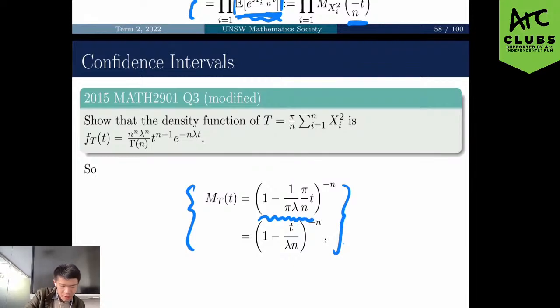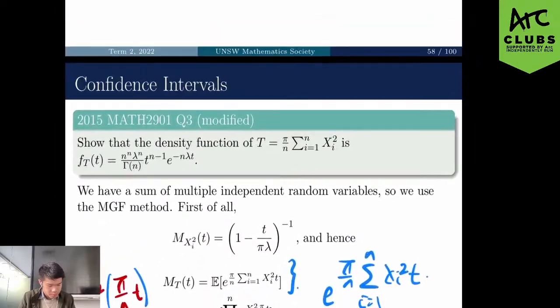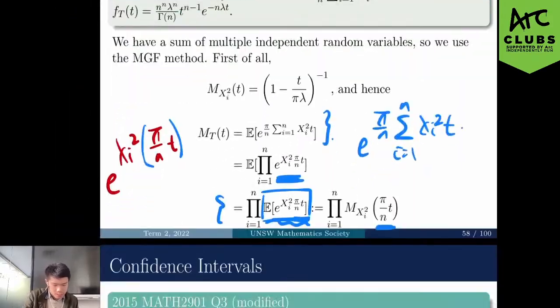So remember, M_X of t was equal to, let's just chuck it in, Xi squared was equal to this.